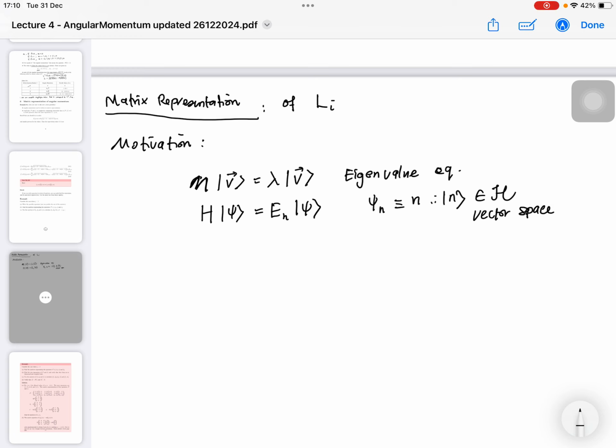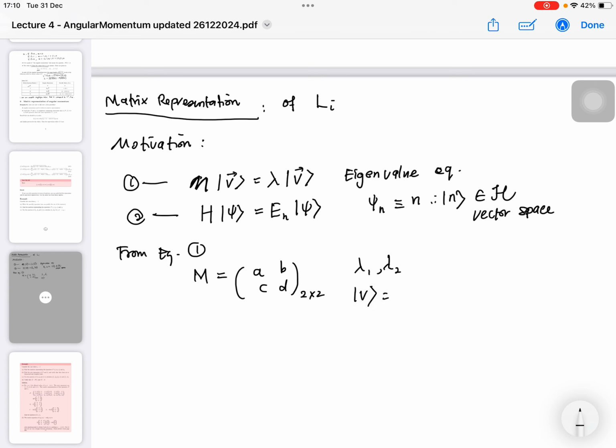Now if I put here equation 1, and this is equation 2. From equation 1, you know that M can usually be represented by a matrix. If it's a 2 by 2 matrix, then you produce at least 2 eigenvalues, and eigenvectors 1 and eigenvectors 2.